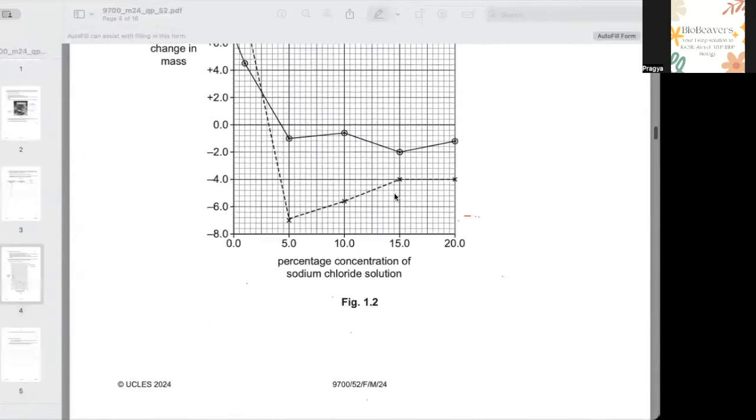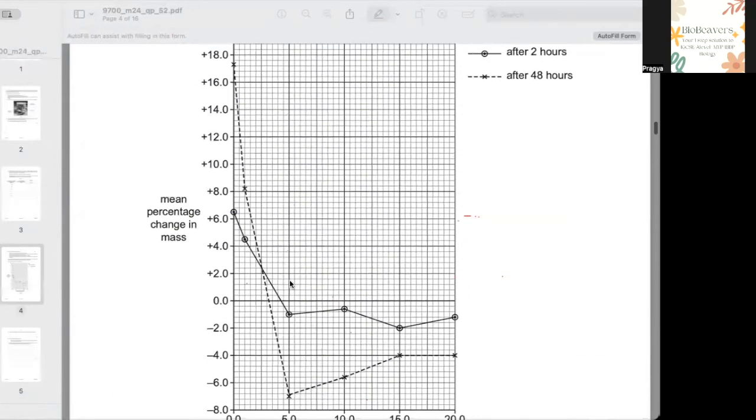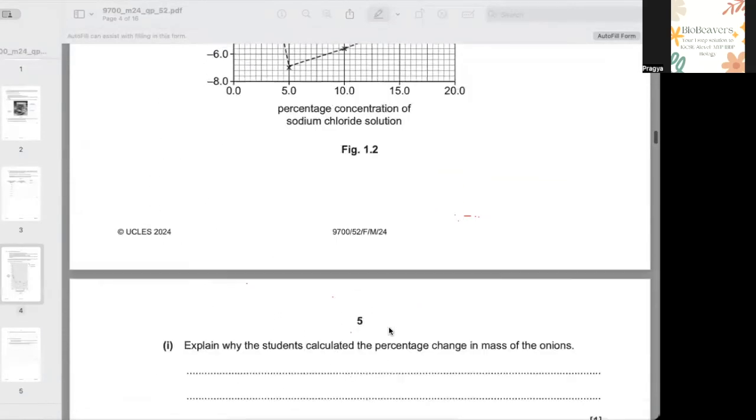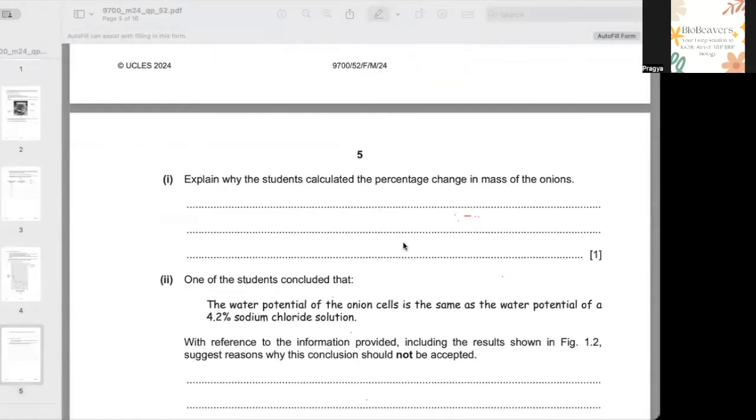So here they are not asking you anything about what they've actually observed in the graph, which is a normal human tendency for us to try and understand what is happening in the graph and spend about 5-10 minutes here. Rather, move on to the first question. This 1 marker is not asking you the trend of the graph. They are asking you, why am I taking a mean in this process? Okay, why am I taking mean?